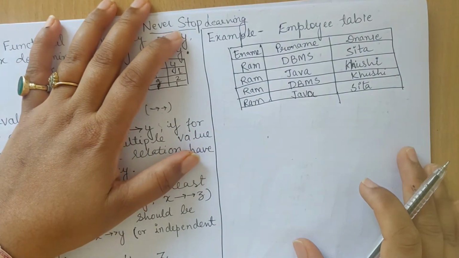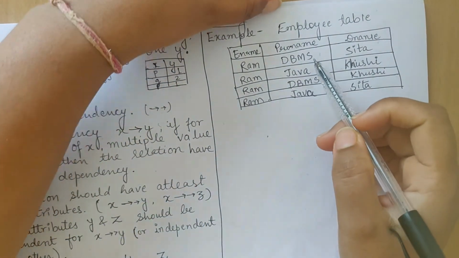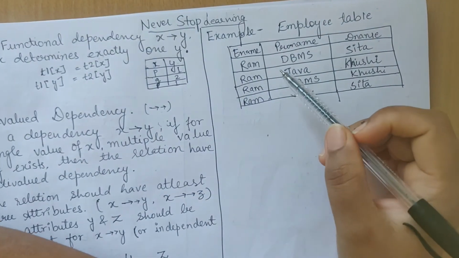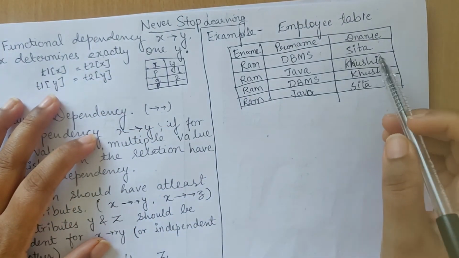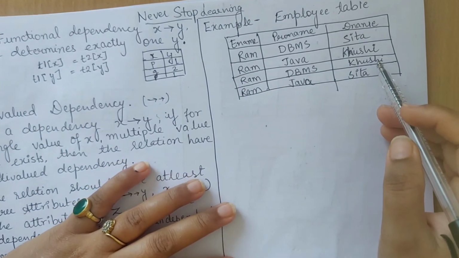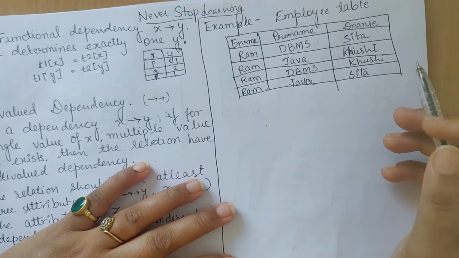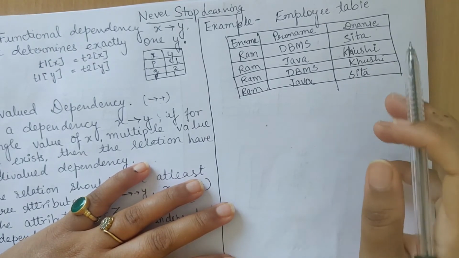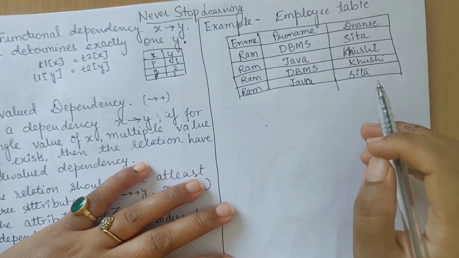If you can see here, I have an employee table. In this employee table we have employee name, project name and dependent name. Who are the dependents? Either the spouse or the children who are less than 18 years.